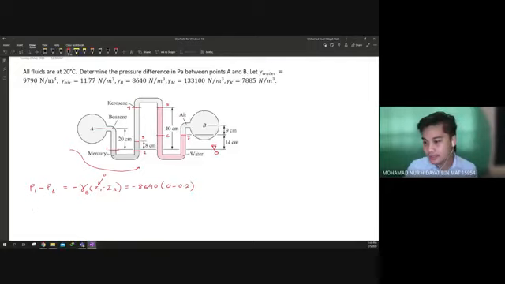So P3 minus P2. Negative gamma. So this involves this fluid. This is mercury. So Z3 minus Z2. So negative gamma of mercury, this one.